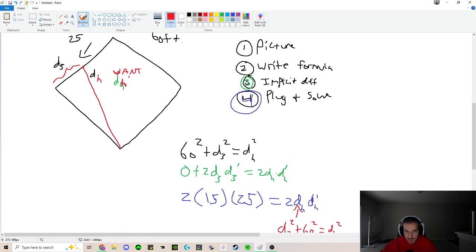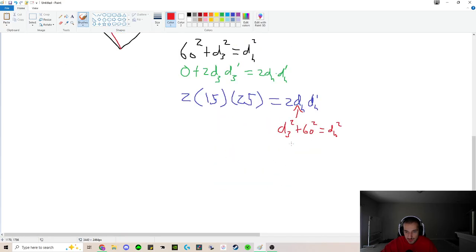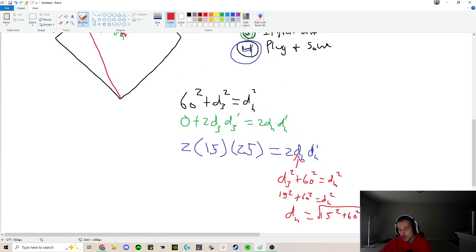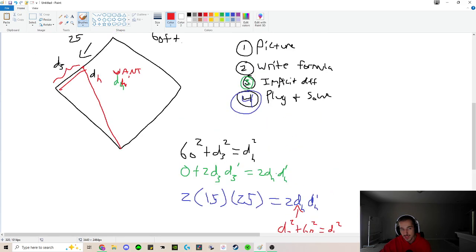But we notice that d3 is at 15 right now. So this means that 15 squared plus 60 squared equals dh squared. So finally, dh at this moment in time is the square root of 15 squared plus 60 squared feet from home plate, right? So that's what we have to solve for.